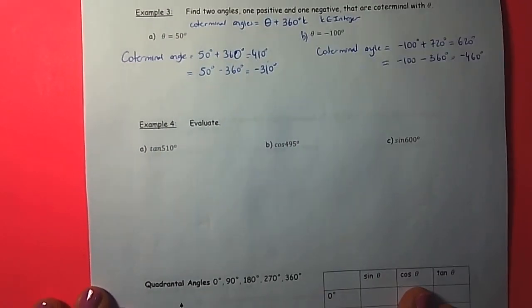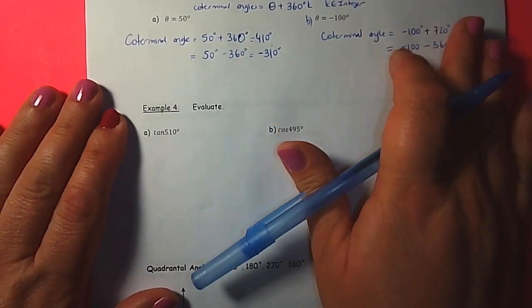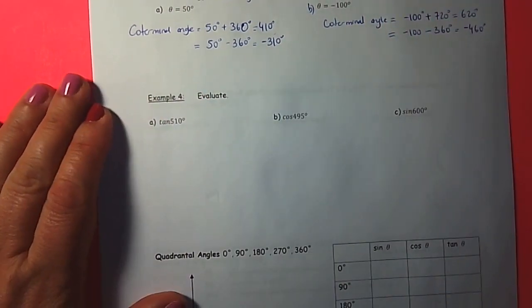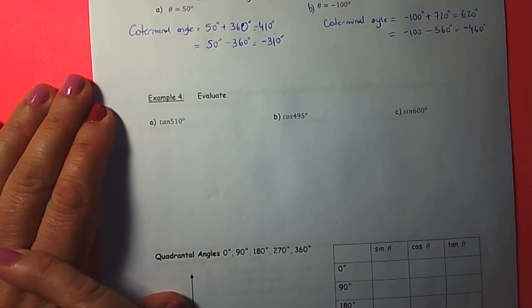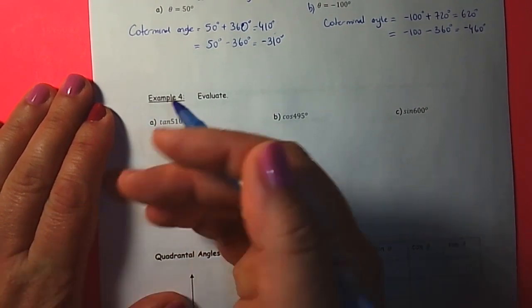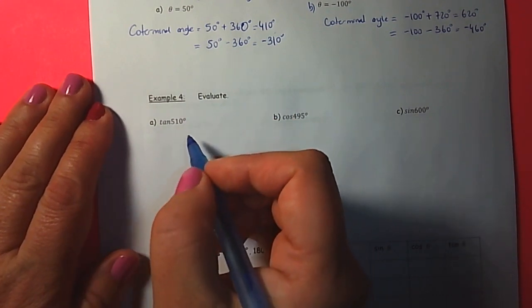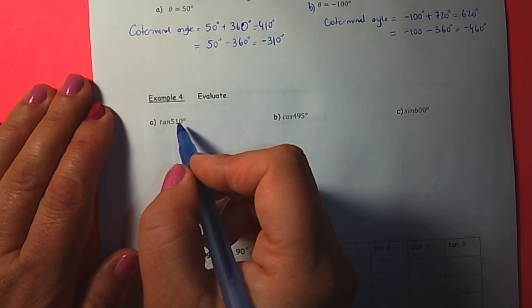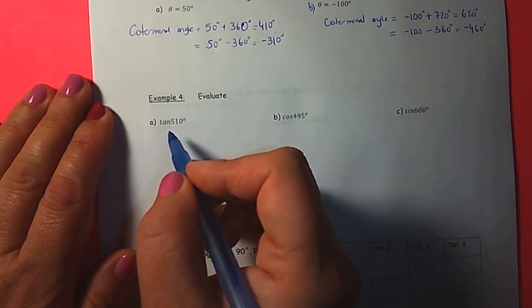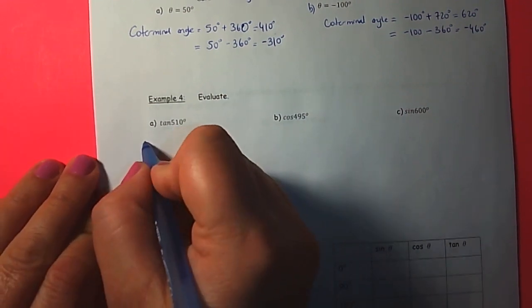So let's look at example 4. It says evaluate tangent 510. But that 510 is not between 0 and 360. So therefore, you need to find a coterminal angle to 510, and we want that coterminal angle to be between 0 and 360 to be able to calculate.